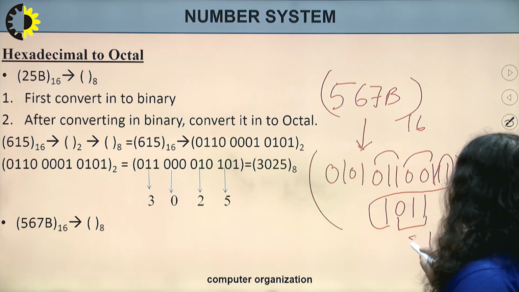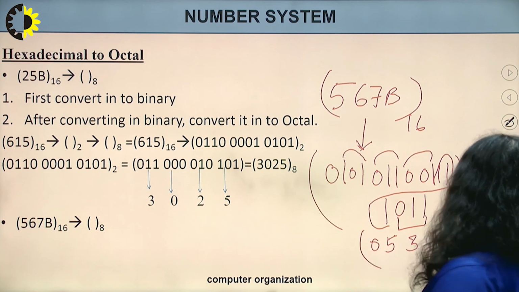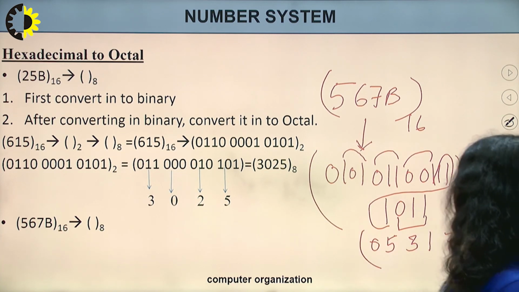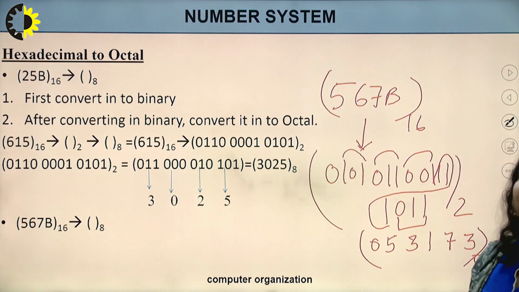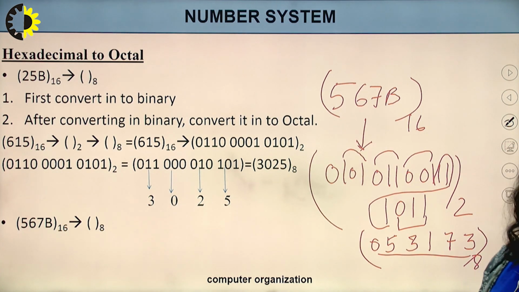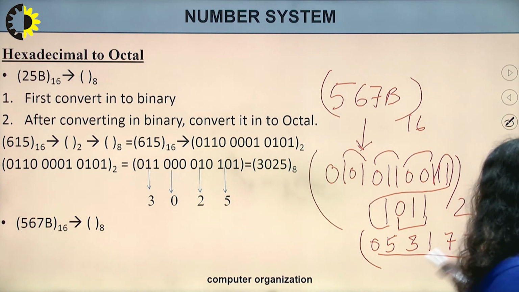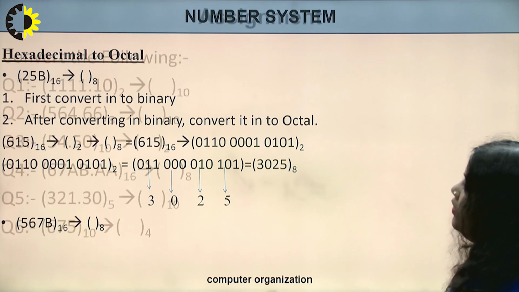Now it is 3. It is 5. This is 0. So 053173 base 8 is the answer. We should always check that each value produced in the answer is within range: if the base is 8, each value must be in the range 0 to 7. So this is the correct answer.